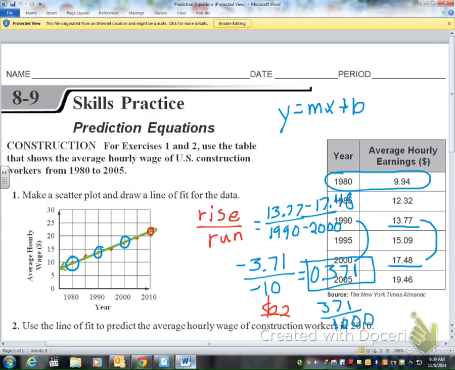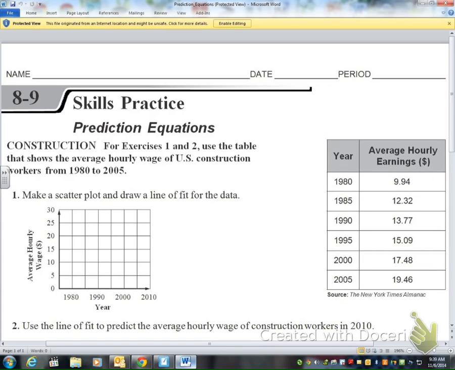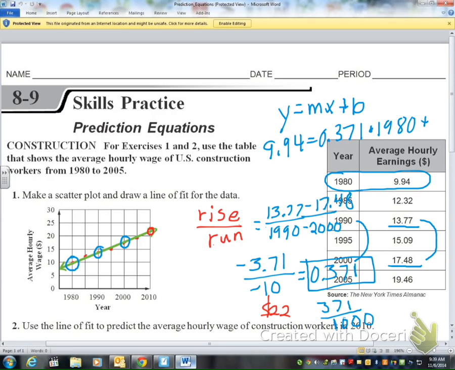So my y value here is 9.94 equals 0.371, the slope, times the x value, which is 1980, plus b. So 1980 times 0.371 gives me 734.58.